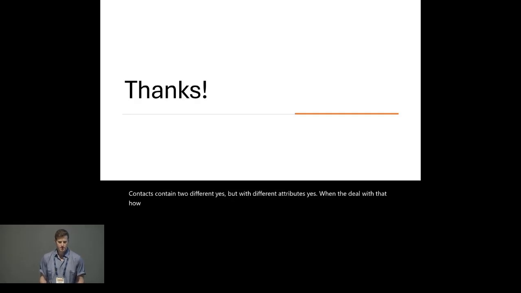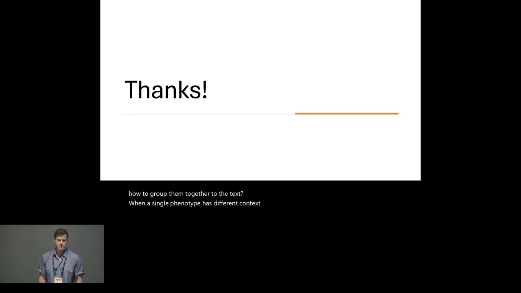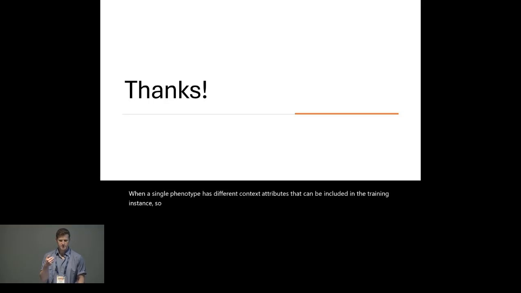How to group them together to the phenotypes? When a single phenotype has different context attributes, that can be included in the training instance. So it's a multi-label classifier, so it'll do each classification at the same time, and so each phenotype can have multiple context flags. Maybe I missed that part. Thank you. Okay, thanks.